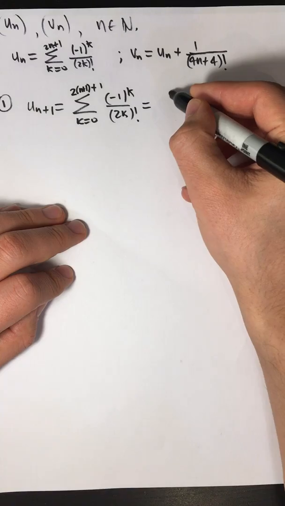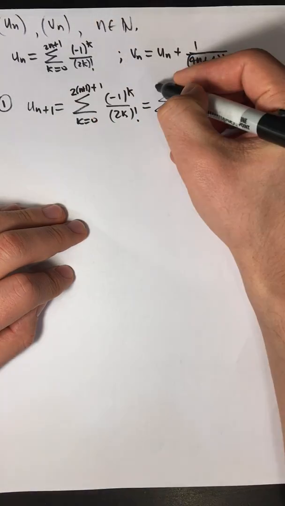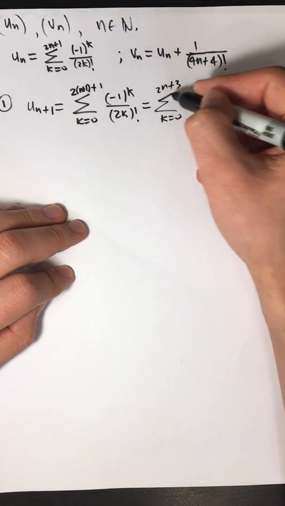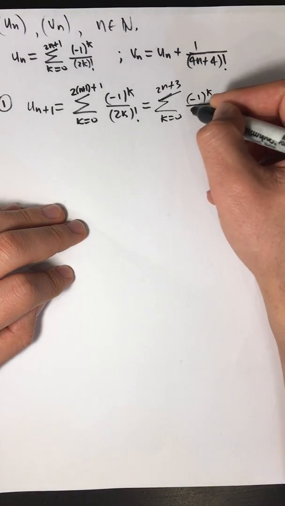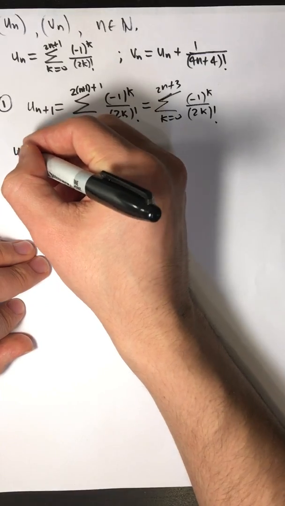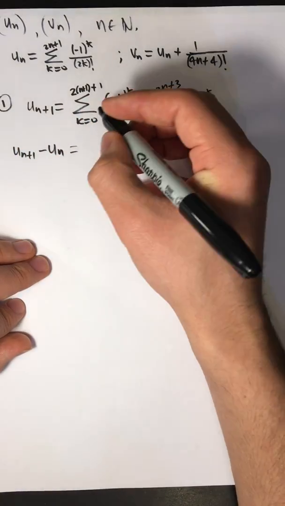From here, Un plus 1 is equal to the sum from k equals 0 to 2n plus 3 of minus 1 to the k divided by 2k factorial. Okay, and now I try to calculate Un plus 1 minus Un. It's the first step.